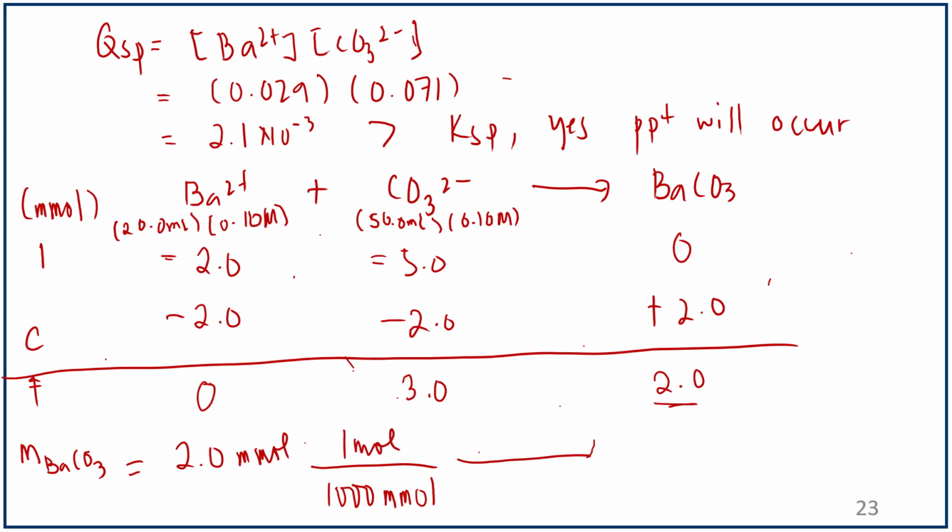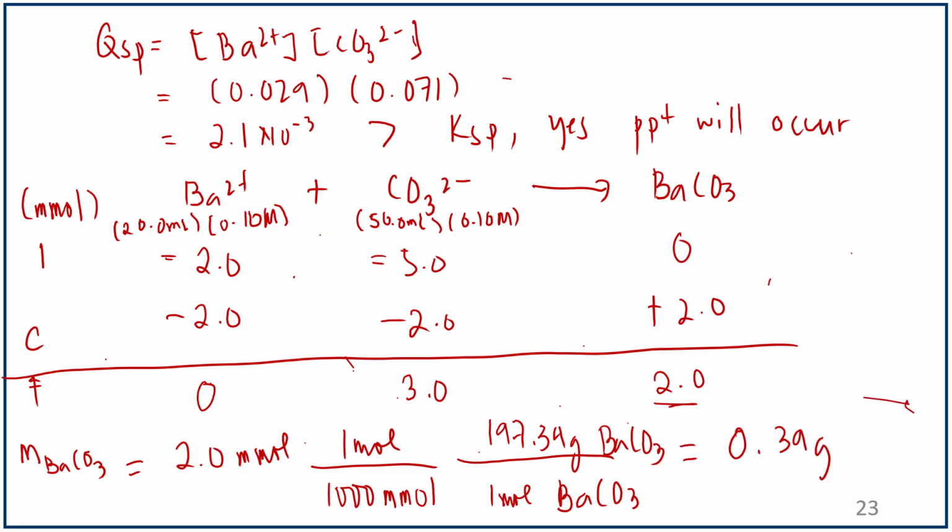Then using the molar mass of barium carbonate, we can determine how much barium carbonate we have. So that's 1 mole of barium carbonate, and the molar mass is 197.34 grams of barium carbonate, and that should be equal to 0.39 grams of barium carbonate. That's how much the precipitate weighs.